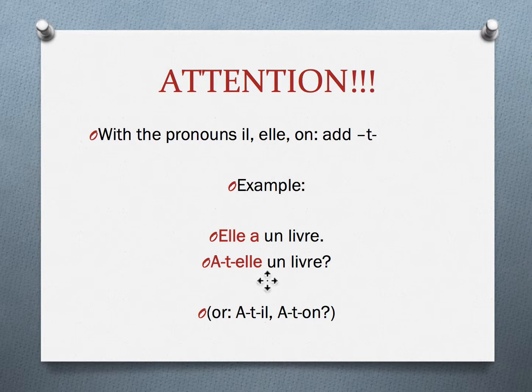Why? Because it sounds better. French is all about sounding nice. So without a T, I would have to say a elle un livre. That doesn't sound nice. Doesn't sound musical in French. So I say a-t-elle un livre? If instead of elle it's il, a boy, I say a-t-il un livre? Or a-t-on un livre?